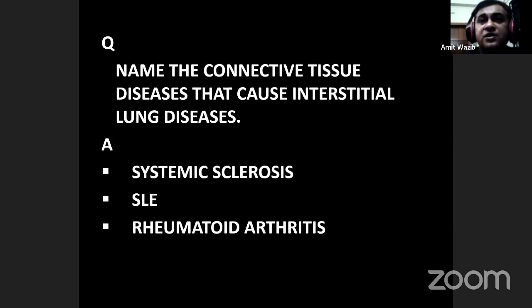The commonly used drug in medicine, that is methotrexate, has a wide range of uses, particularly in chronic inflammatory arthritic conditions like rheumatoid arthritis, then seronegative psoriatic arthritis, or juvenile idiopathic arthritis. We use methotrexate. So this methotrexate may cause interstitial lung disease. Just if you mention methotrexate as a drug that causes ILD, it's fine enough.